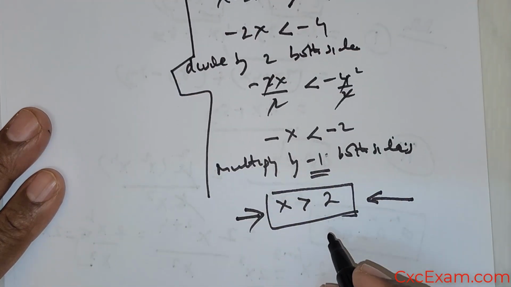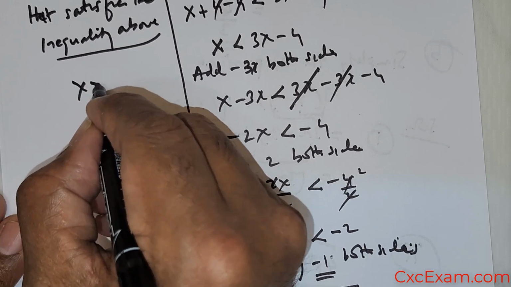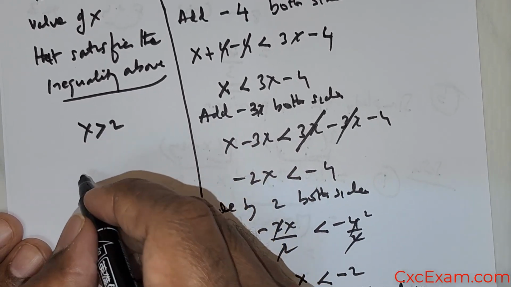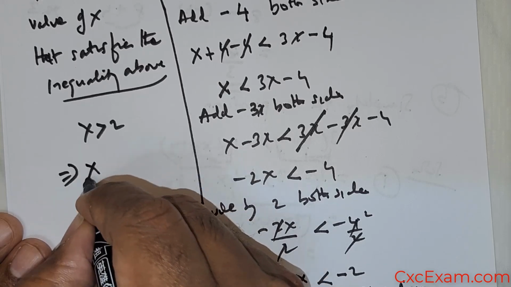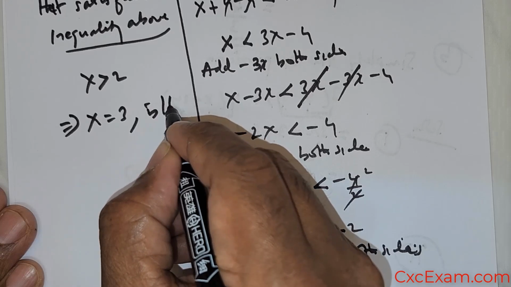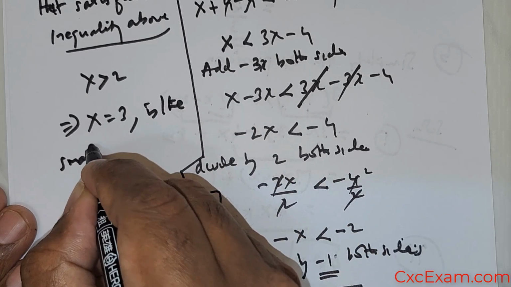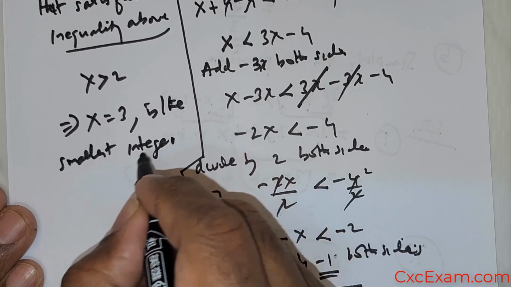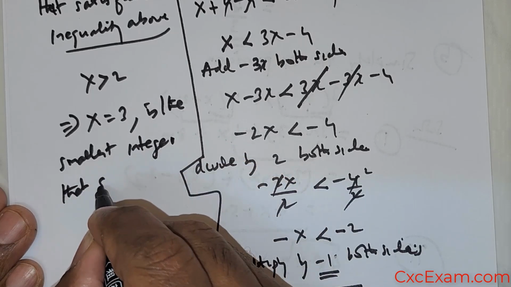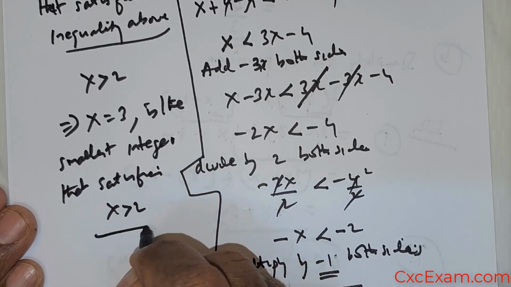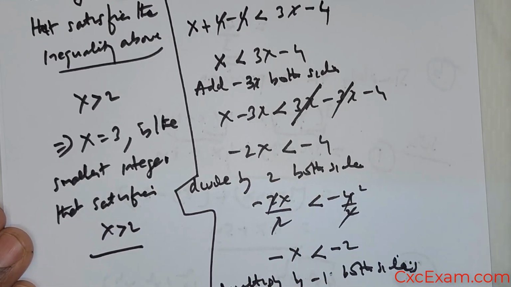Now clearly, see what the inequality states? x is greater than 2. So what will be the smallest integer that satisfies this? This means x is equal to 3 is the smallest integer that satisfies x greater than 2. So that completes this entire question.